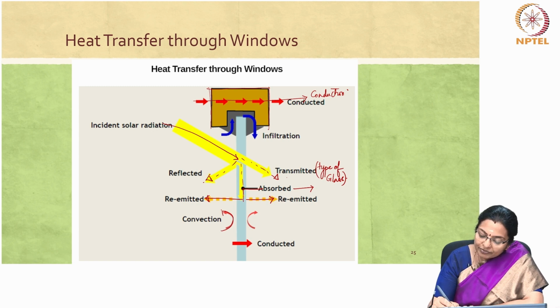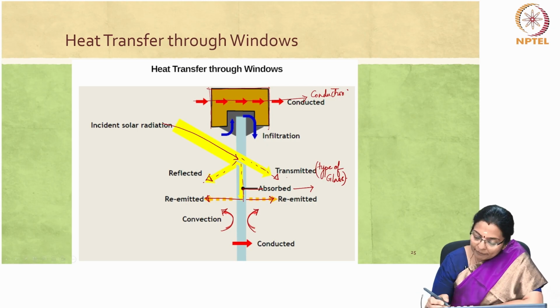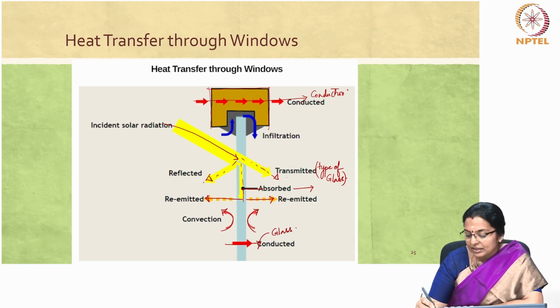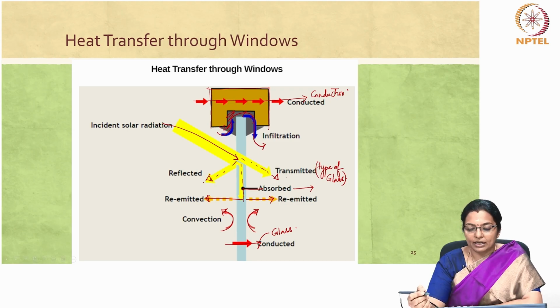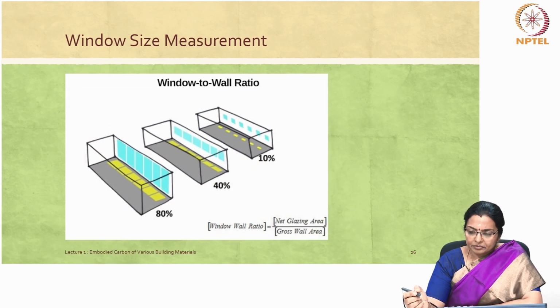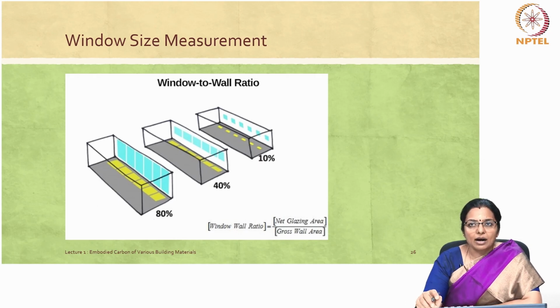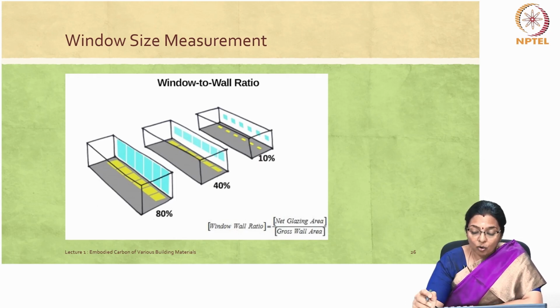Also, there is convection heat transfer happening, and there is conduction by the glass itself. So, heat gets conducted by the glass. Besides this, if the gaps are not well sealed, then there can be infiltration heat gain. Windows are carbon intensive and they are also a source of leakage.